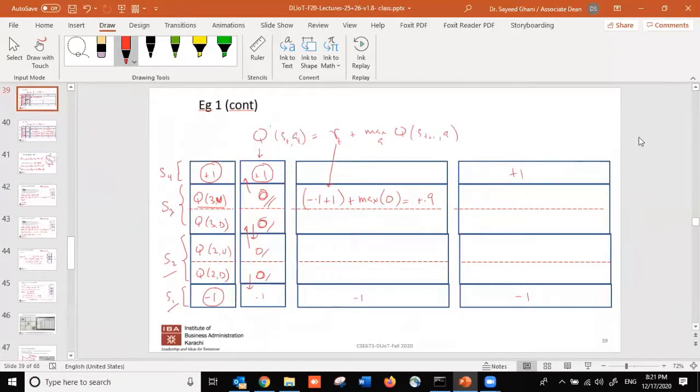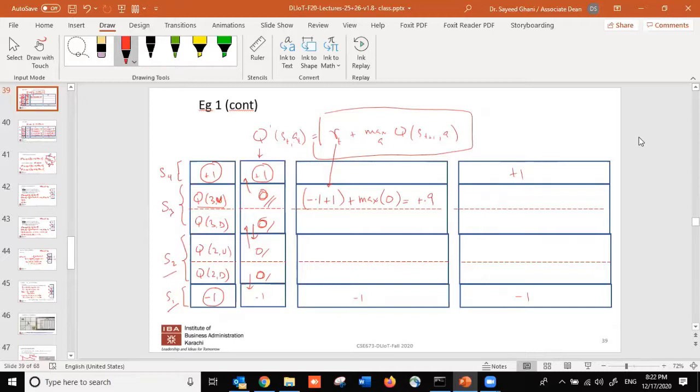Now, let's take a look at the next one. Any guesses over here what this would be? We're using this equation. So can you tell me what the equation is?